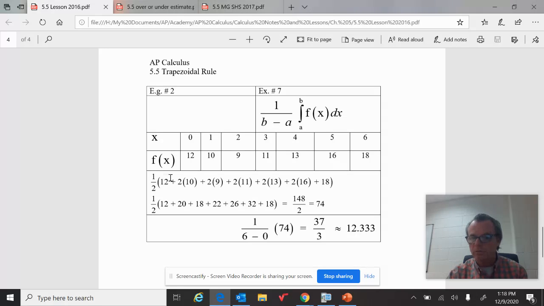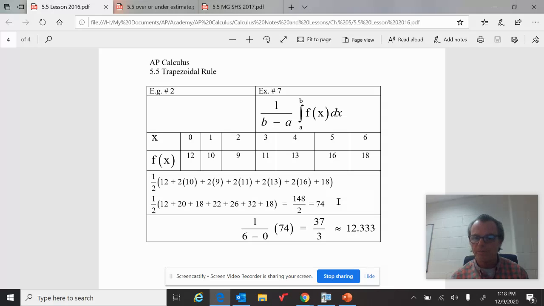This 2 has been factored out because you average the bases. And it would take you to 74 square units as an approximate area covered by the data in the table. And they didn't ask you for this, but the average value of the function would be 74/6 to match up with the way it was done in example 2. Okay?